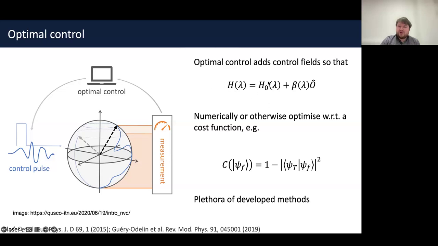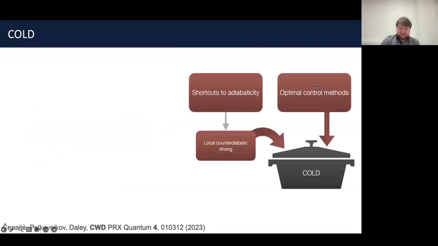The Hamiltonian is modified: the original Hamiltonian plus these optimizable parameters and their operators. There are lots and lots of methods to do this, and the methods we've applied here are relatively straightforward optimizers that you can get out of SciPy.